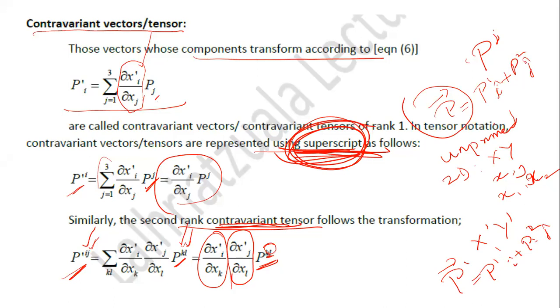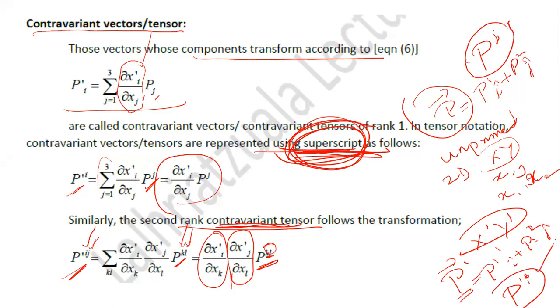So they are the two components of the velocity in the primed coordinates. In the previous calculation, we obtained the coordinate transformation between the components of velocity in the primed and the unprimed coordinate systems. The components in the unprimed system we denote as Pj, and the components in the primed system as Pi prime.